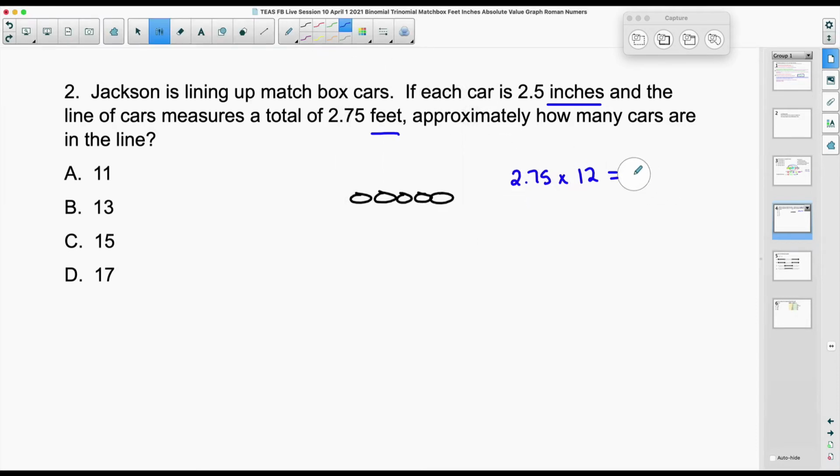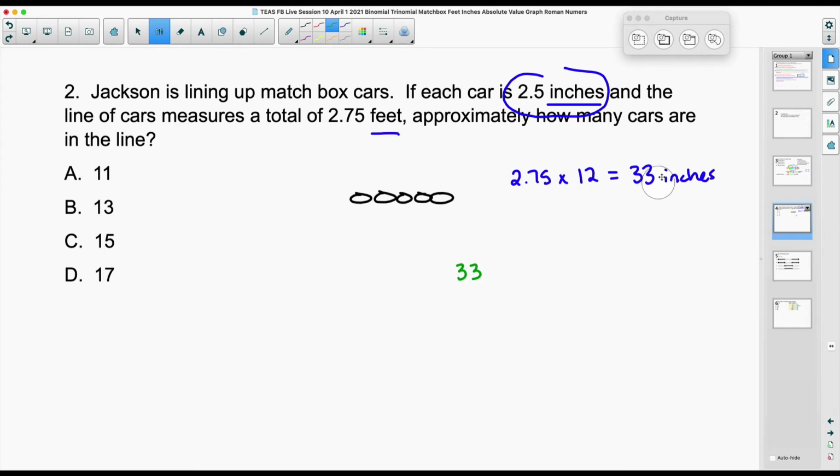So the 33 represents the number of inches. And I did this because now that's telling me that this train of cars is 33 inches long. Well, it's going to take quite a few of these 2.5-inch cars to make this train that's 33 inches long. Well, what we can do, I do see a comment, can we divide?